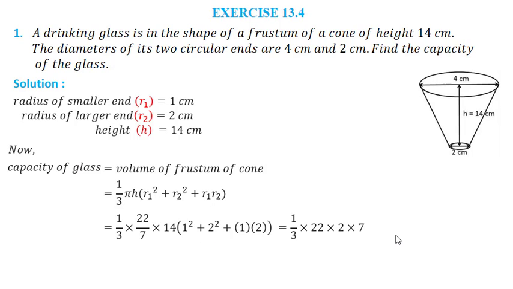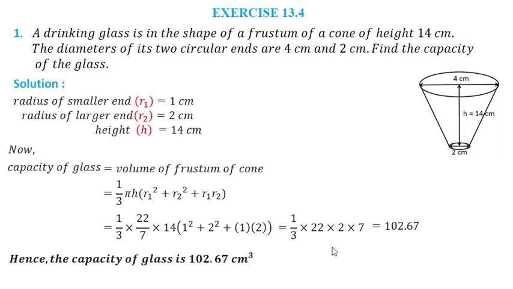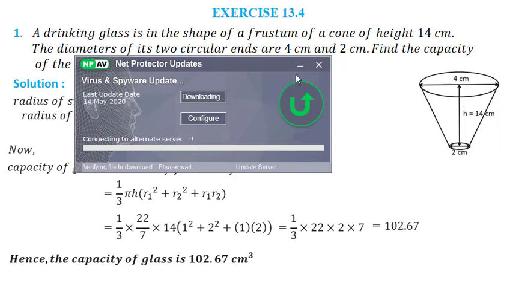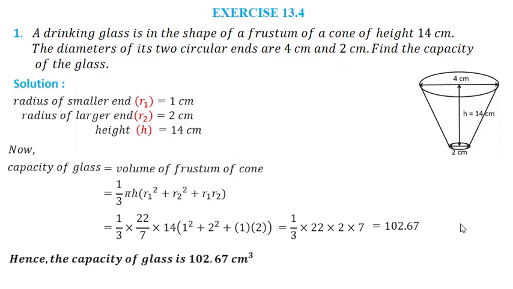So we get the answer as 102.67. So the capacity of the glass is 102.67 centimeter cube. You can keep this value in fraction also, or convert it into decimal form. What I suggest is that you keep it in fraction form as well as in decimal form.